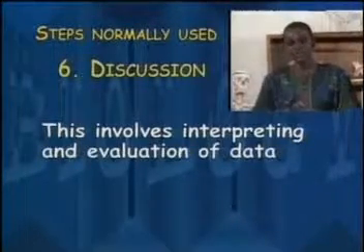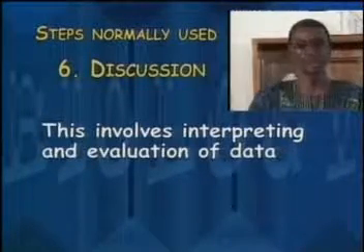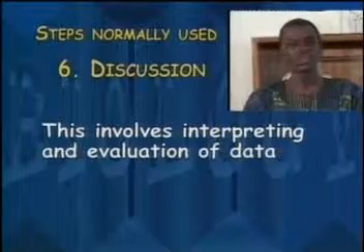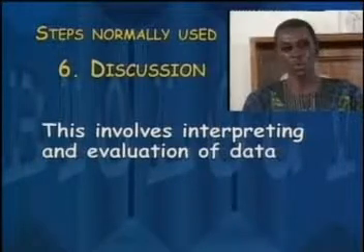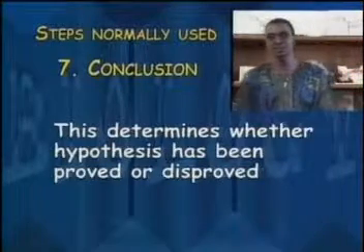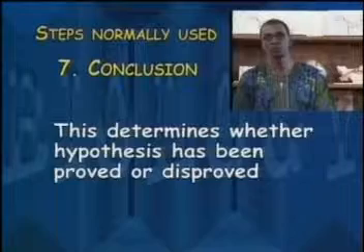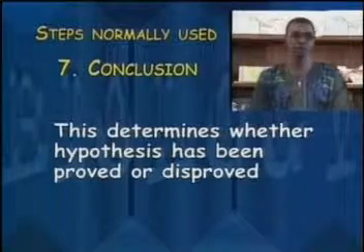After giving your discussion, sorting out the ones that apply to the experimental values, you give a conclusion, being the last step. This determines whether the hypothesis has been proved or disproved.